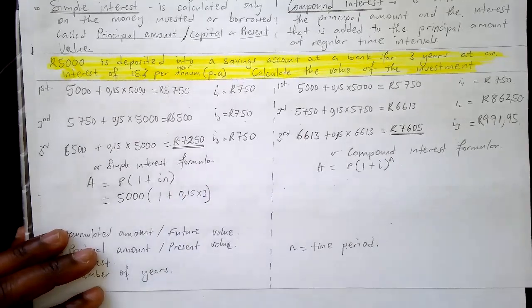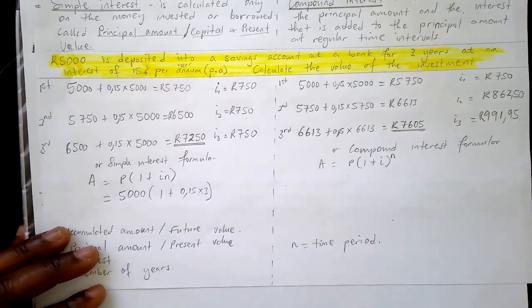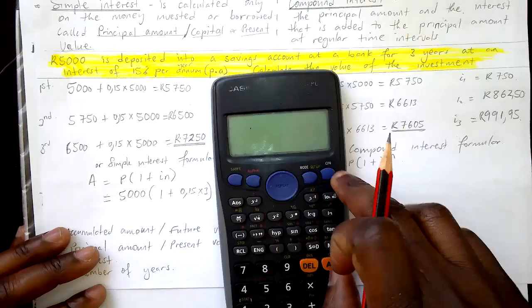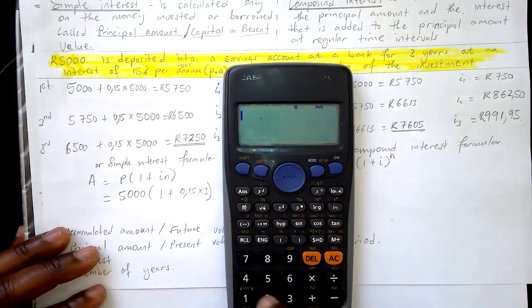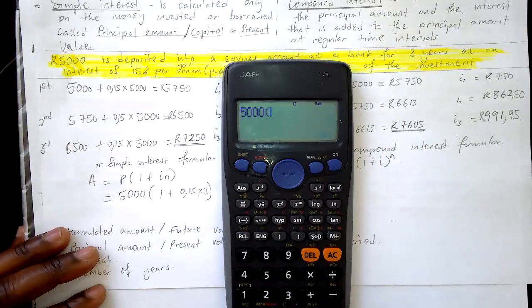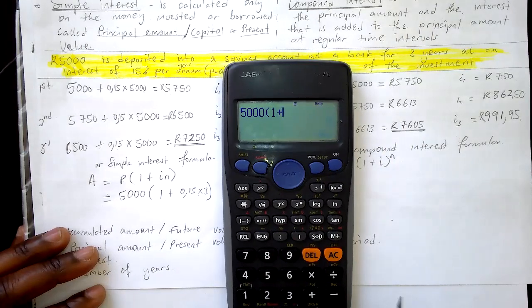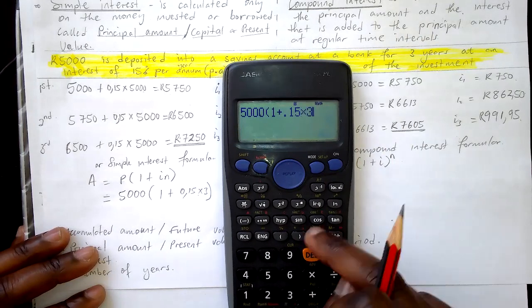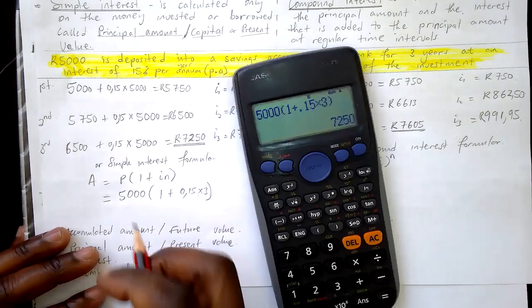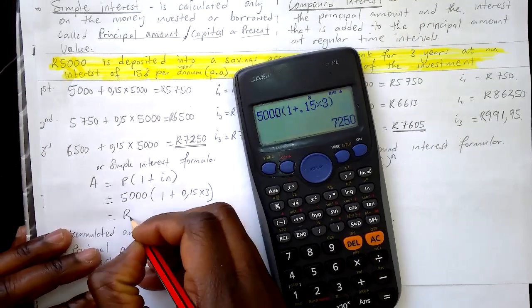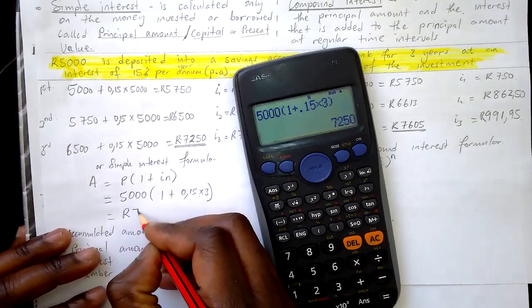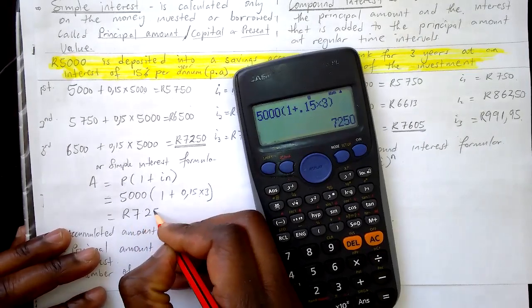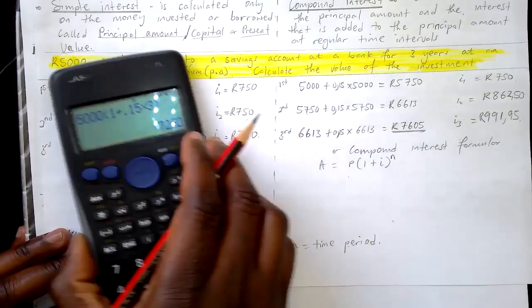Now let's punch this in: 5,000 in bracket 1 plus 0.15 times 3, then close the bracket, and you see that we still get the same answer, which is 7,250.